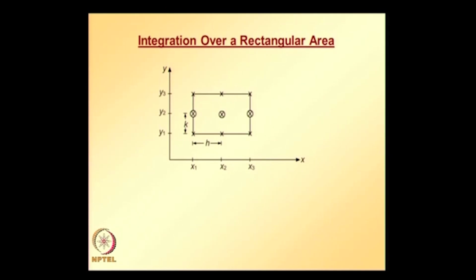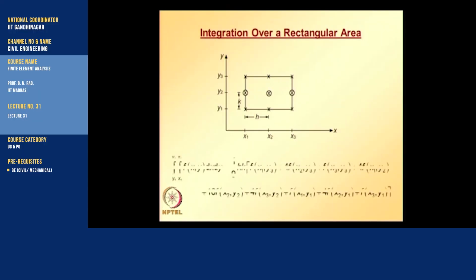Taking the Cartesian product of these 3 points along the x direction and 3 points along the y direction results in a total of 9 points, which are shown there, and the distances between the points are also indicated: x2 minus x1 is h, y2 minus y1 is k. So with that understanding, applying Simpson's rule along the x direction and y direction separately and taking the Cartesian product of that results in this.